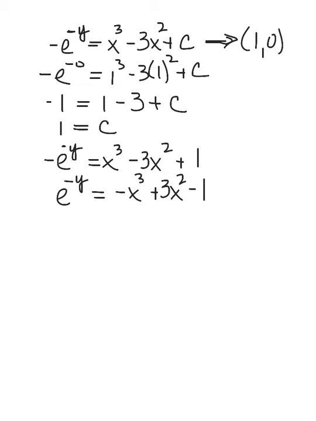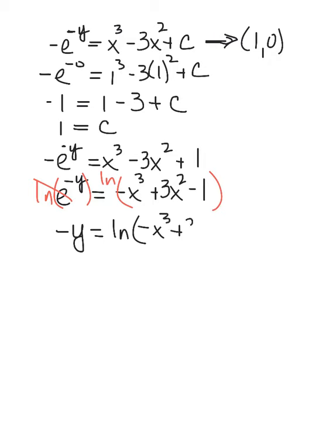Then, how do we get rid of an e? We should take the ln of both sides. So the ln and the e are going to cancel each other out, and we're going to be left with negative y equals the ln of negative x cubed plus 3x squared minus 1.